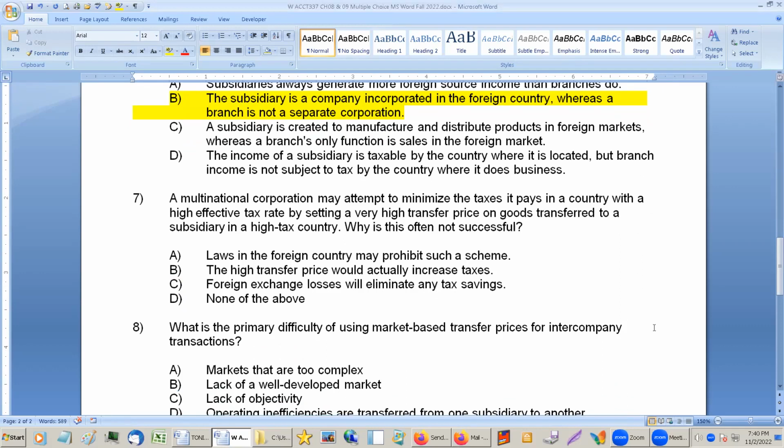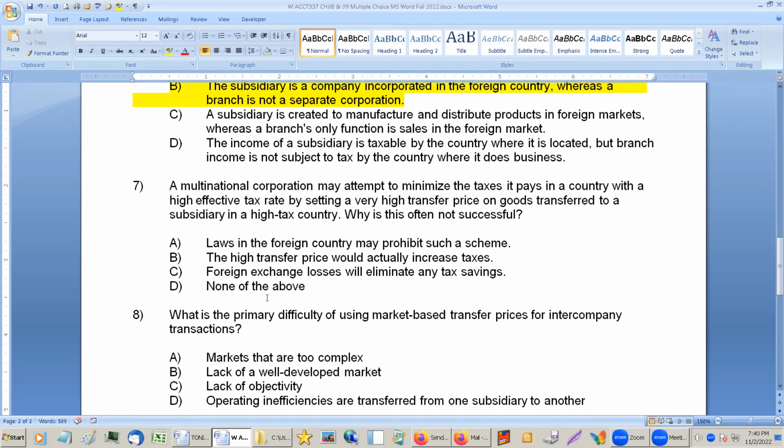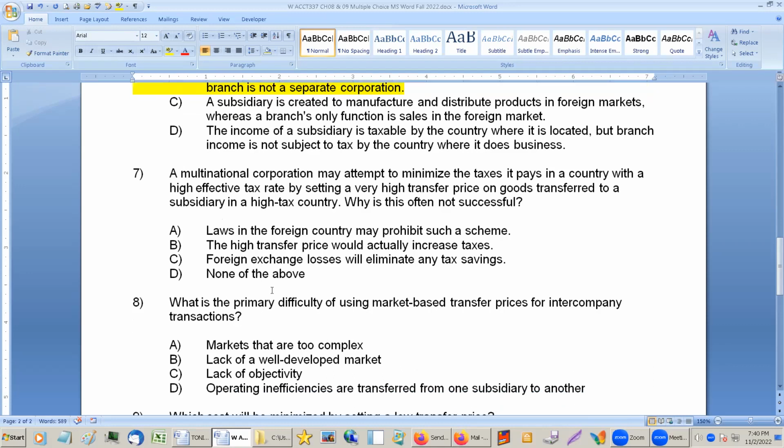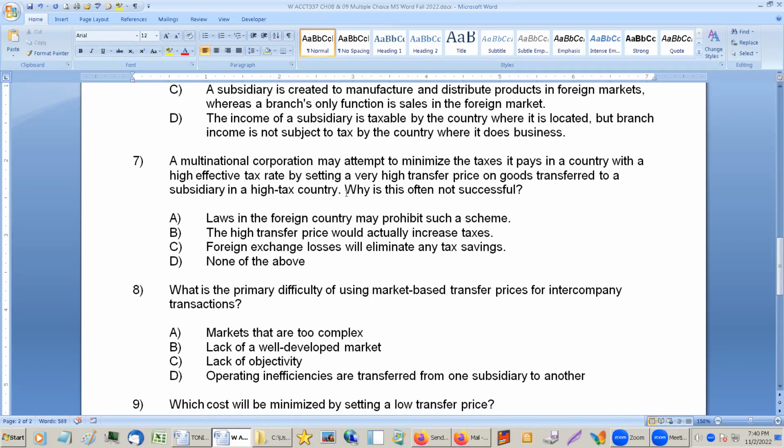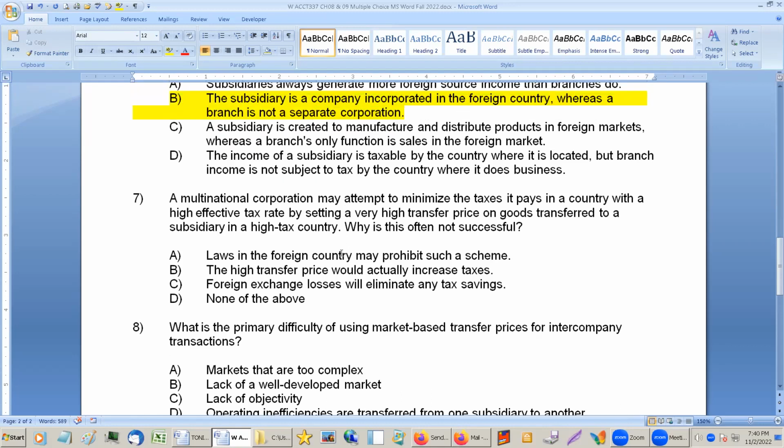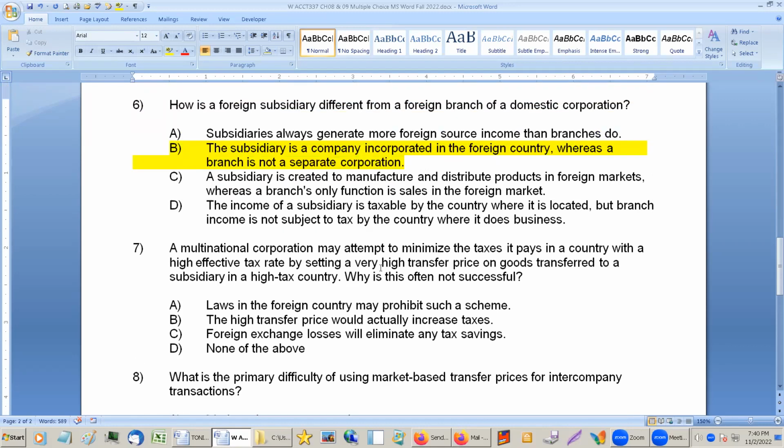Number seven. Who did that? Which one of you guys did that? E. There's no E. All right. Well, the multinational corporation may attempt to minimize taxes, but will then set a higher fixed rate and transfer. Why is this often not successful?